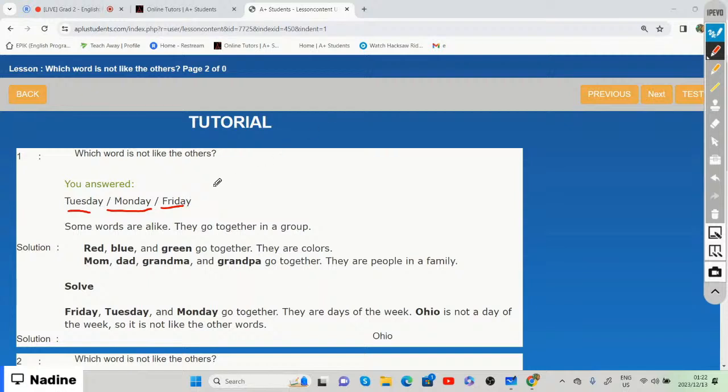These are words that go together because they are days of the week. So Tuesday, Monday, Friday, right? These are words that go together, they are related, and we call them the days of the week.